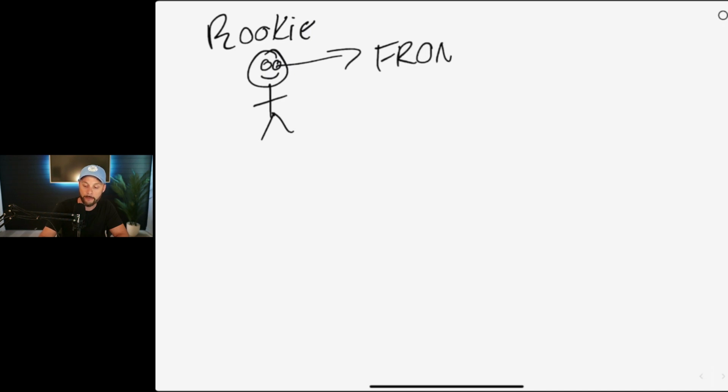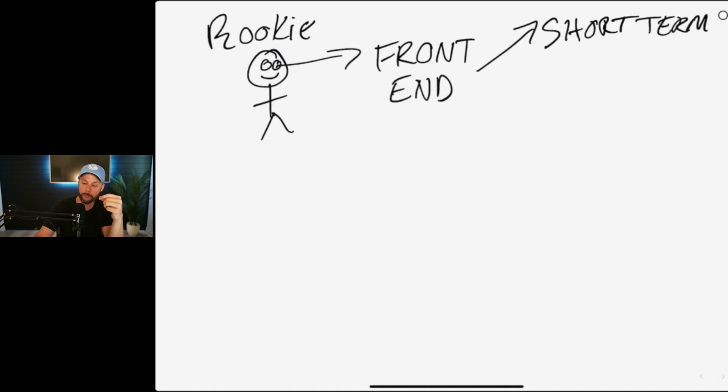They're looking at the front end, right? A rookie marketer is only really focused on the front end statistics and the front end feelings of things when it comes to marketing, right? So what does that mean? They're focused on short-term sales. They want to run ads and make sales the same day.